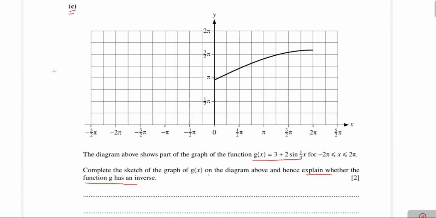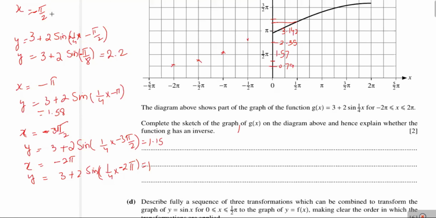To draw this graph, we take some values of x here. For x equal to minus pi over 2, and then x equal to minus pi, and x equal to minus 3 over 2 pi, and x equal to minus 2 pi, we find the value of g of x against these values. Now we calculate it. You see here for x equal to minus pi over 2, the value of y is 2.2.